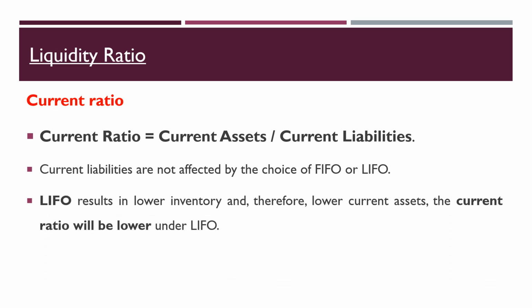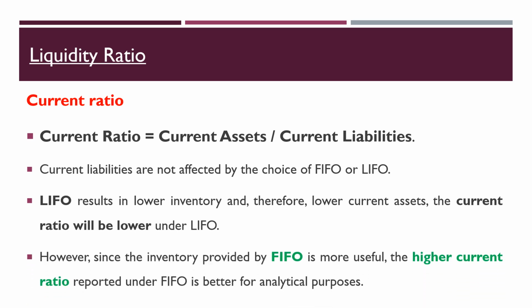However, since LIFO results in lower inventory, it will give a lower current asset. Thus, the current ratio will be lower under LIFO method. Since the inventory provided by FIFO is more useful, the higher current ratio reported under FIFO is better for analytical purposes.